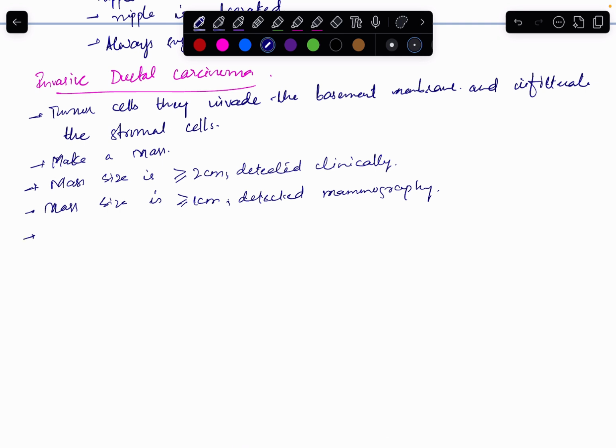Another point is that invasive ductal carcinoma is the most common carcinoma. Almost 80% of the cases are of invasive ductal carcinoma.